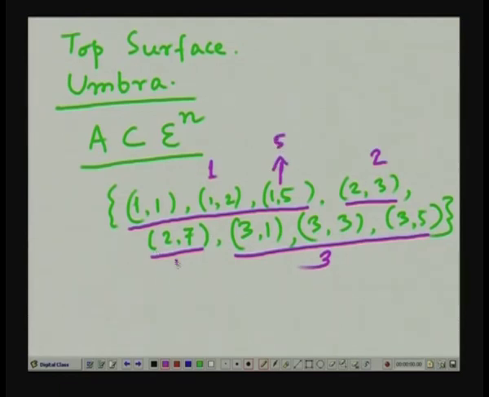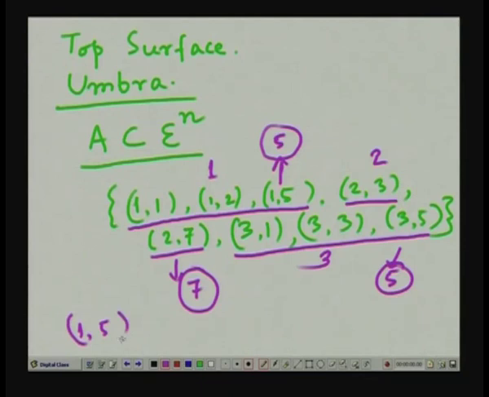For this case, the maximum value is 7, whereas for this case, the maximum value is again 5. So, the top surface consists of these values 5, 7 and 5, that is the points (1, 5), (2, 7) and (3, 5).